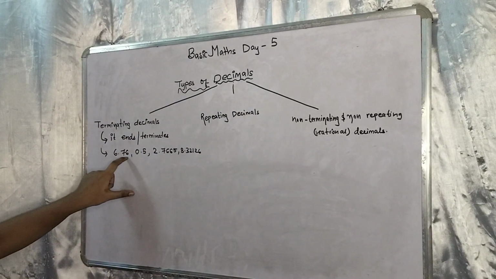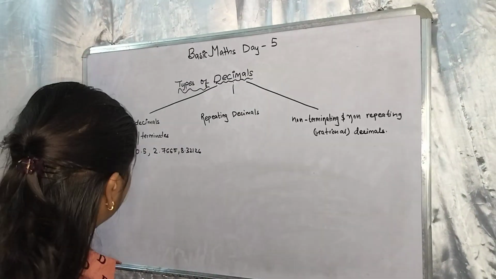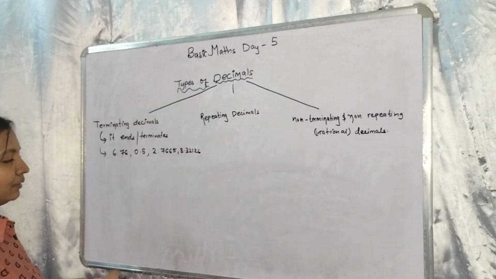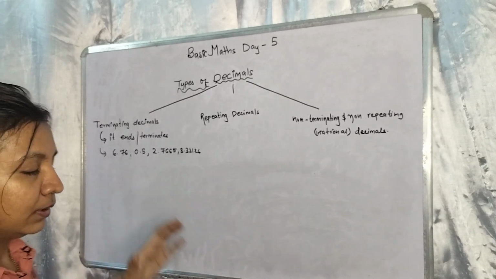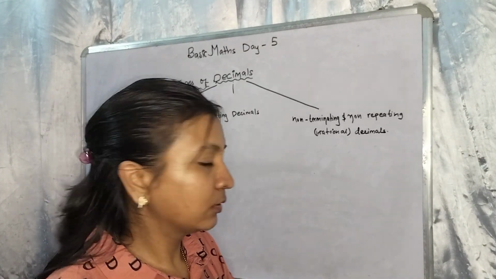Here you can see that it ended. There are various numbers that, when transformed into decimal, get terminated. So this is a terminating decimal.